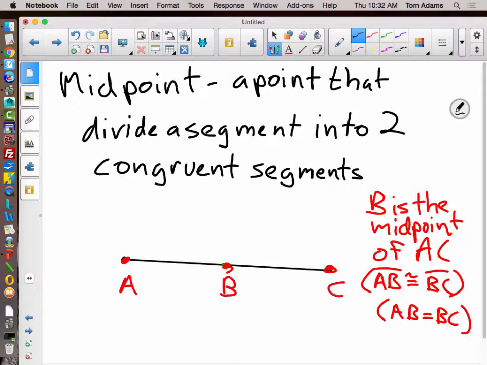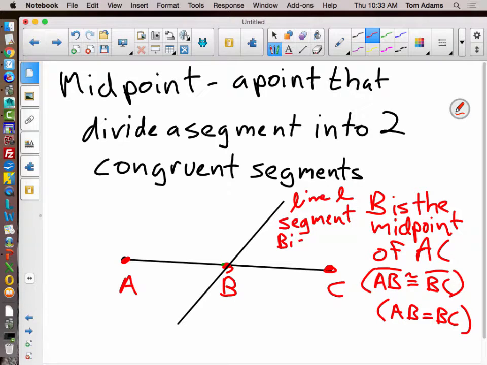But now if I draw a line through that point, and I label this, let's say, line L, then what we would call line L would be a segment bisector. Whenever we see the word bisector, just assume it's dividing it in half. So if I say an angle bisector, I start with a big angle and I say this is the angle bisector, what does that mean?